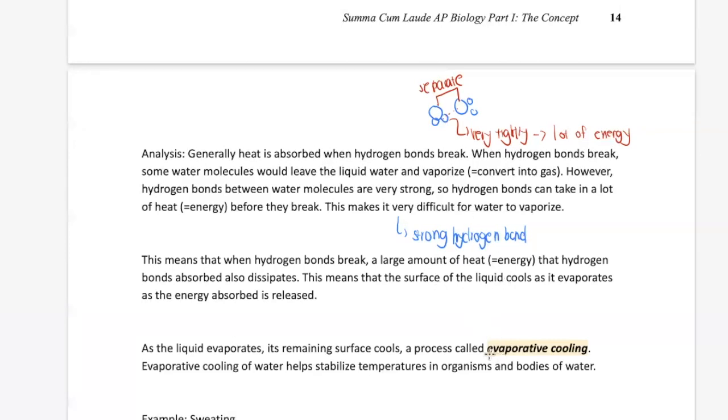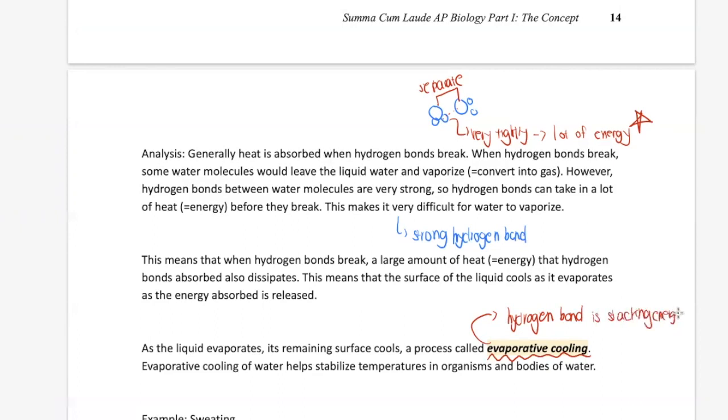Okay, so at the same point, we have another property called evaporative cooling. At the same time, we just learned that it takes a bunch of energy to break the hydrogen bond. So a hydrogen bond, in simple words, is stacking energy.